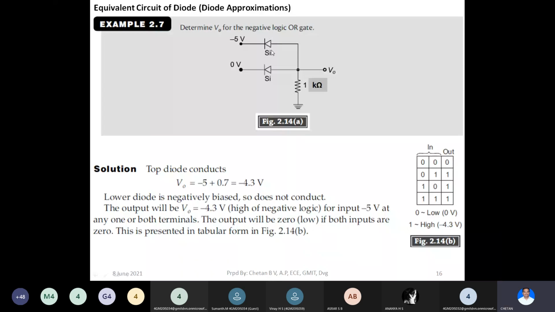Therefore, you have to subtract the value of this battery from minus 5 volt to get the voltage drop across this resistance, because the voltage drop across this resistance would be simply the subtraction of the applied voltage and the threshold voltage, or voltage drop across the diode. Therefore, your V naught would be minus 5 plus 0.7, which would come to minus 4.3 volt. So that would be the voltage drop across this. Hence, you can consider this minus 4.3 volt, which is nearly equal to minus 5, as logic 1, right?